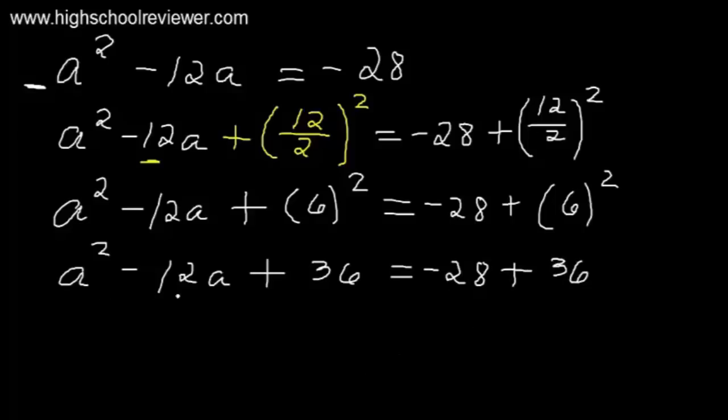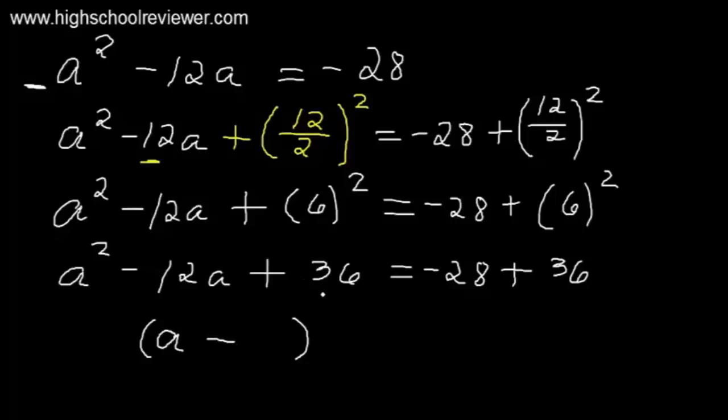a squared minus 12a plus 36 is a perfect square. So since this is a perfect square, the factor now will be the factor of a squared, and that will be a. And since this is minus, we are going also to subtract.